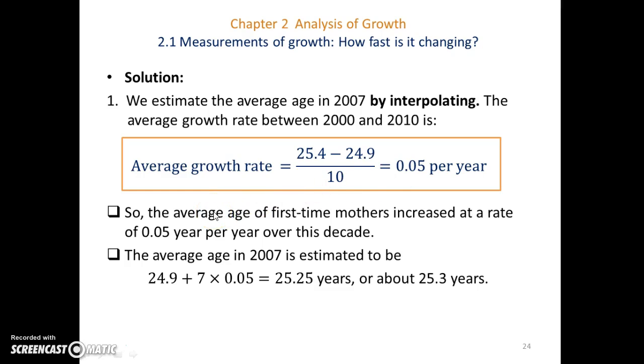The average age for first-time mothers increased at a rate of 1/20 per year over this decade. Now, 2007 is seven years away from 2000. So what we can do is multiply this average increase per year by 7 and tag that on to the average age in 2000. So we have 24 9/10 plus 7 times the average growth rate, and that results in 25 1/4 years.